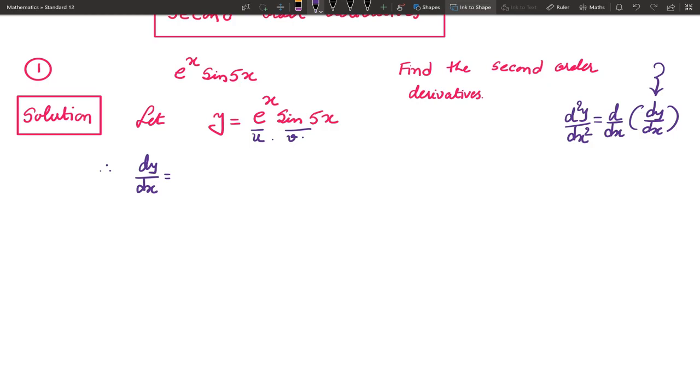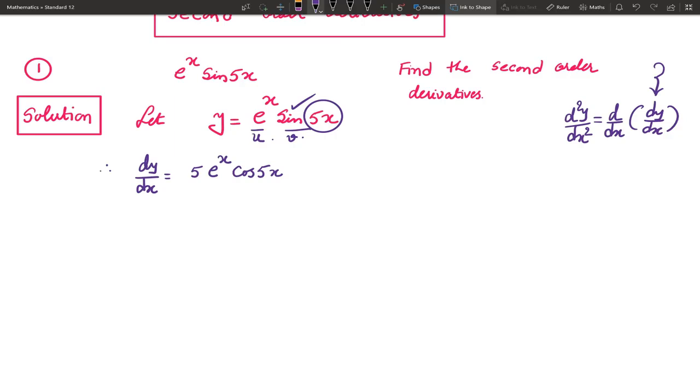So first one as it is, e raised to x, and the derivative of sine 5x is cos 5x into, by chain rule, d by dx of 5x, which is 5.